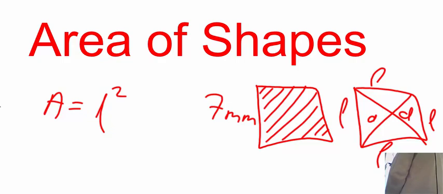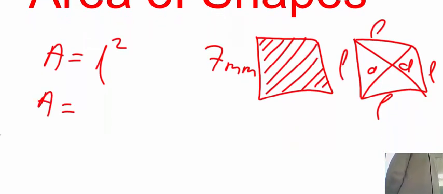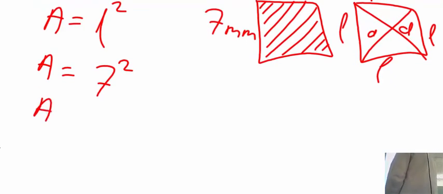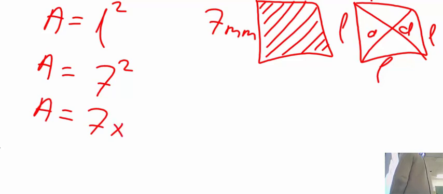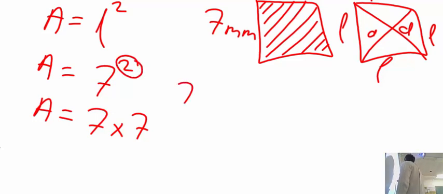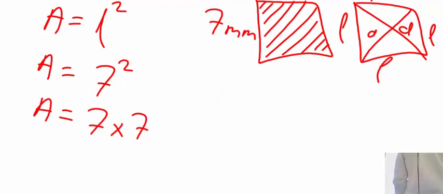So I'm going to write down area equals 7 square, which means 7 times 7. Remember, square does not mean 7 times 2. The power of any number means how many times you have to multiply the same number. In this case, it means 49.